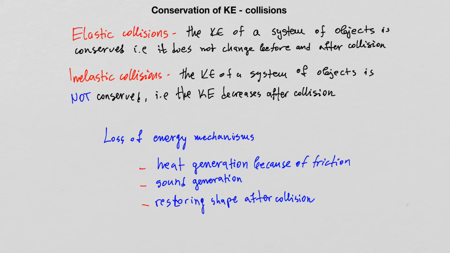So part of the kinetic energy of the colliding objects goes towards sound generation. And finally, some of the kinetic energy of the colliding objects goes towards restoring the shape after collision. As you know, during inelastic collisions, objects change shape. And so, in order to restore shape, some energy must be used.